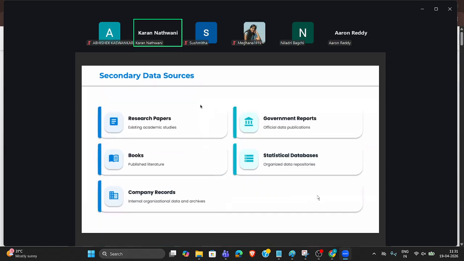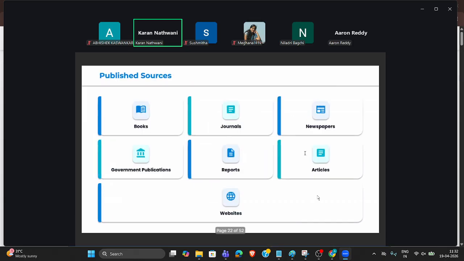So secondary data can come from research papers, as I told you, books, company records, government reports, statistical databases. Let's talk about the published sources where we can get the data. Books are very useful.